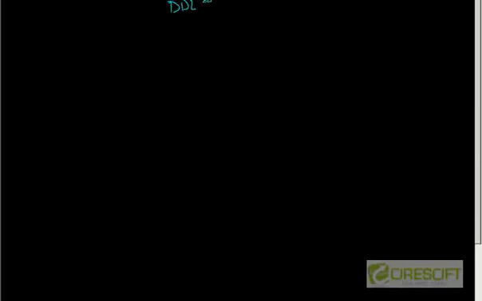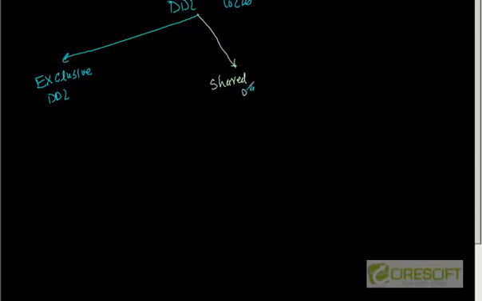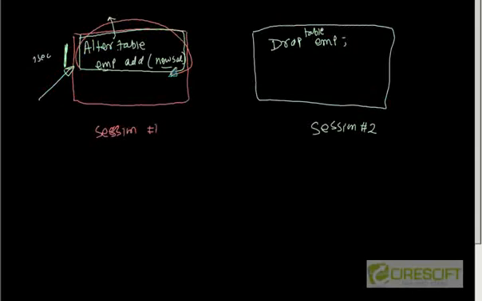So what we are discussing is DDL locks: the first one is exclusive DDL, the second is shared DDL, and the third is breakable parse locks. In the example we discussed previously, whenever this alter is going on, it will acquire an exclusive DDL lock.